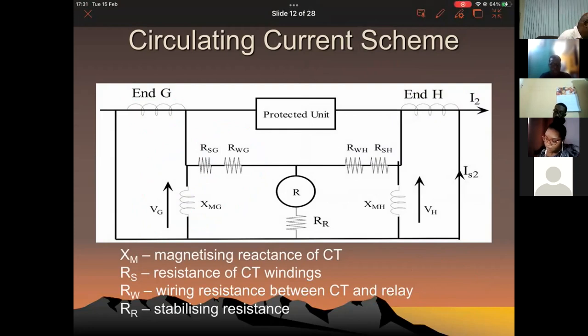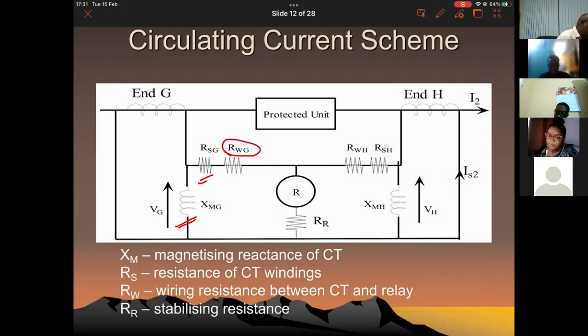we have the excitation winding, we have the secondary, and then RWG is the wiring, yes, between the CT and the relay. Because as we said, you do have physical copper wires going from the equipment into the relay room at the substation. All right.